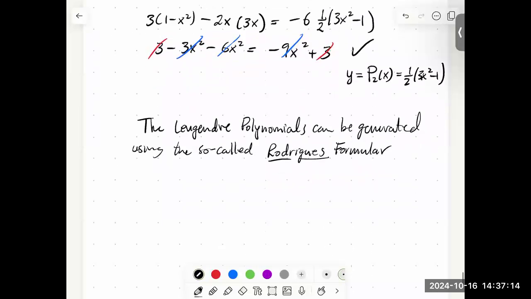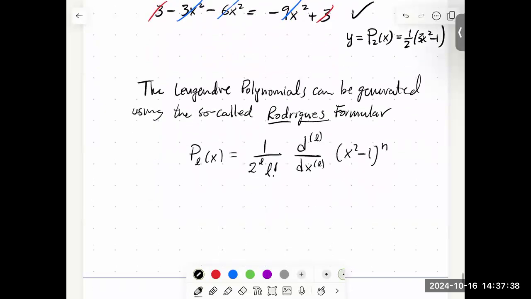And what that looks like is PL of x is equal to, it's not that bad. There's some prefactor. It's 2 to the power L times L factorial in the denominator. And then it's the L-th derivative of (x squared minus 1) to the n. Okay.